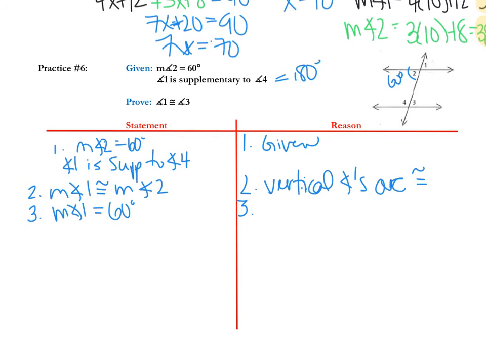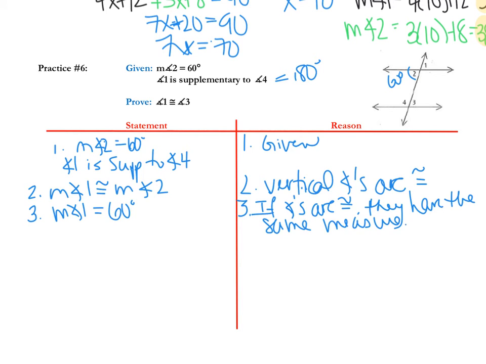Reason being, if angles are congruent, they have the same measure. Okay? So, we know the measure of angle 1 is 60 degrees. So our goal then is to show that the measure of angle 3 equals 60 degrees.